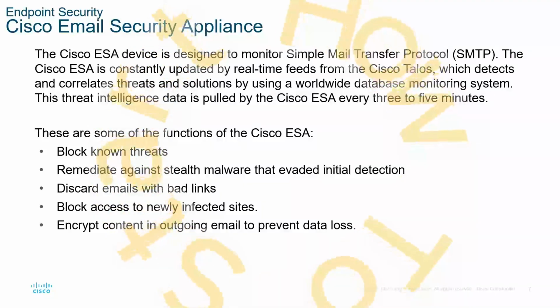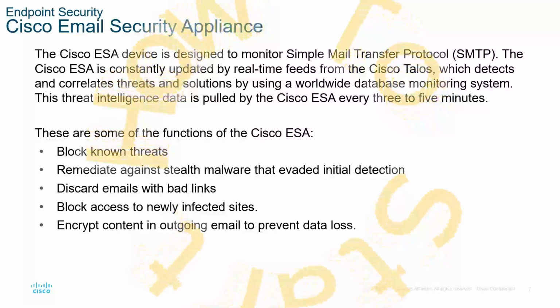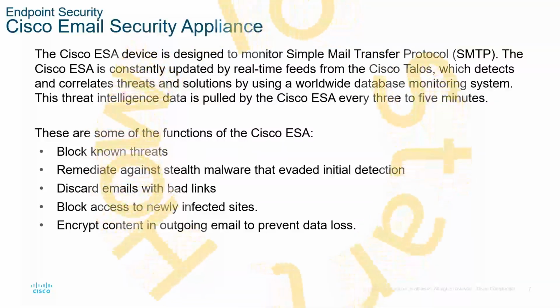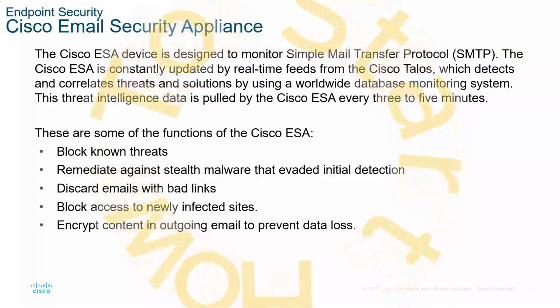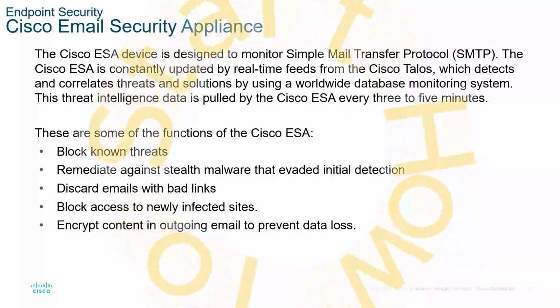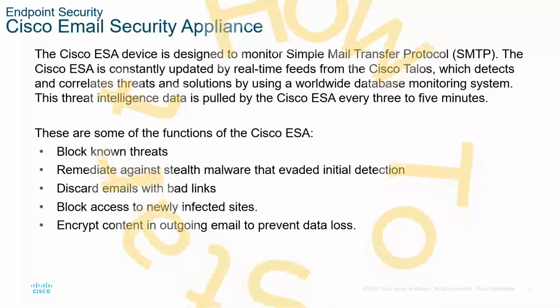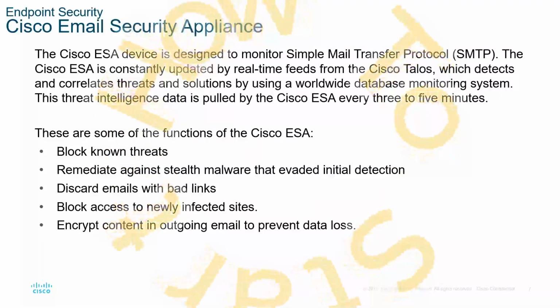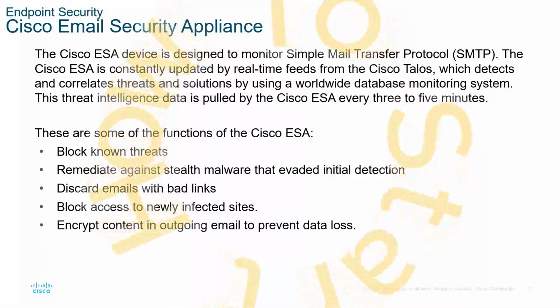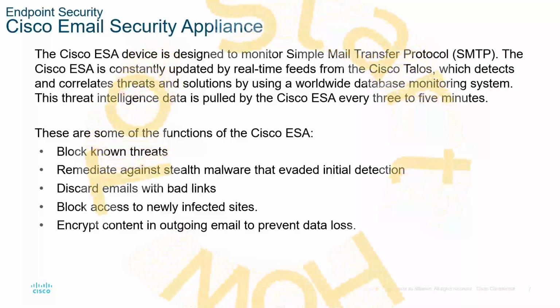So in this chapter, we're looking at some of those security appliances. Here we're going to be looking at an email security appliance. And the nice thing here is when we are looking at email protection, Cisco has their ESAs. It does block known threat attacks. It does provide a certain level of remediation against stealthy malware. Basically, it scans emails as they come in, and if they're suspicious, they can quarantine them. They can disable links in emails.